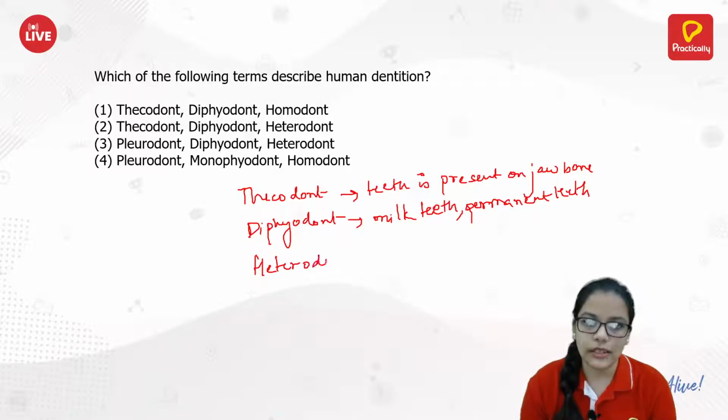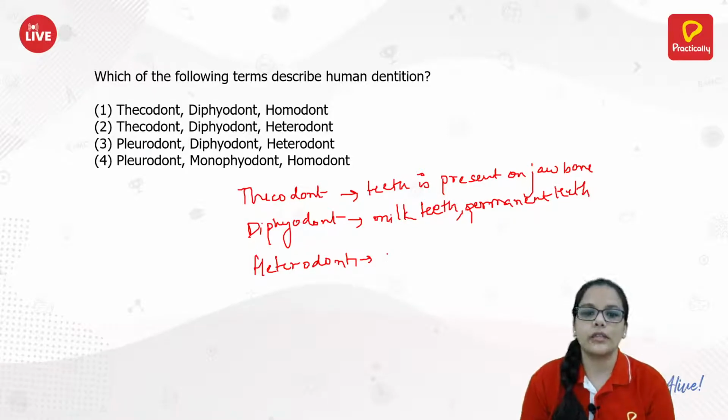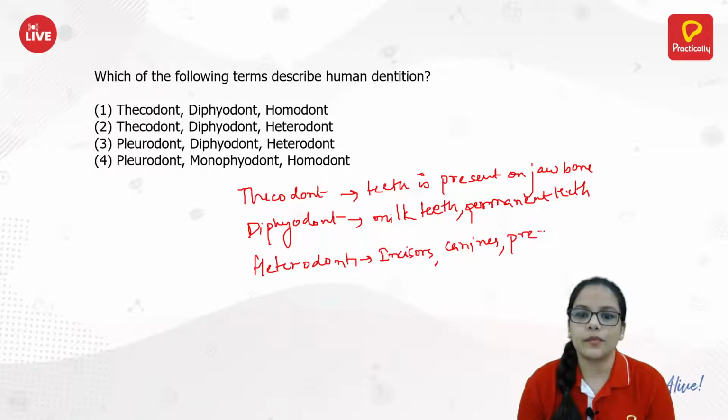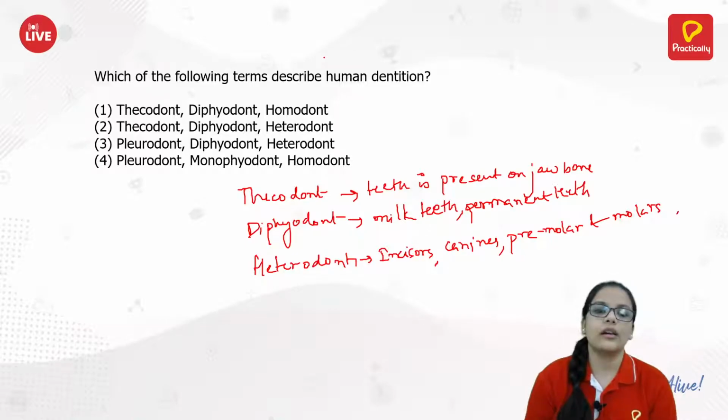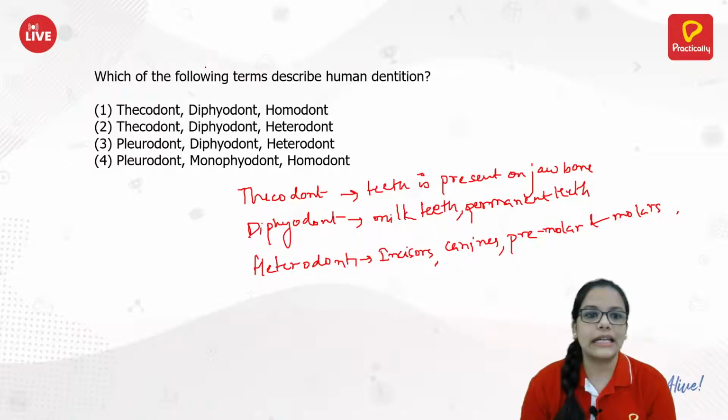Why? Because we have four kinds of teeth: incisors, canines, premolars, and molars. So we are thecodont, diphyodont, and heterodont.